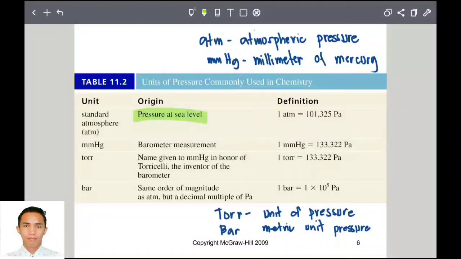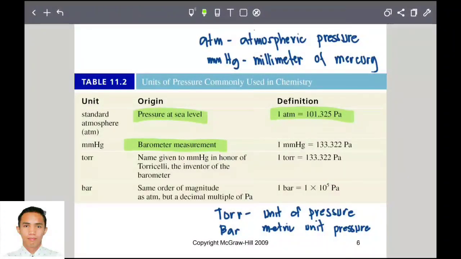At sea level, 1 ATM is equivalent to 101,325 Pascal. Then we have millimeter of mercury, using barometer measurement. 1 millimeter of mercury is equal to 133.322 Pascal.